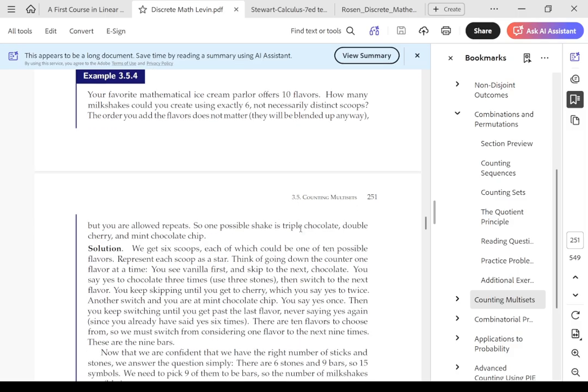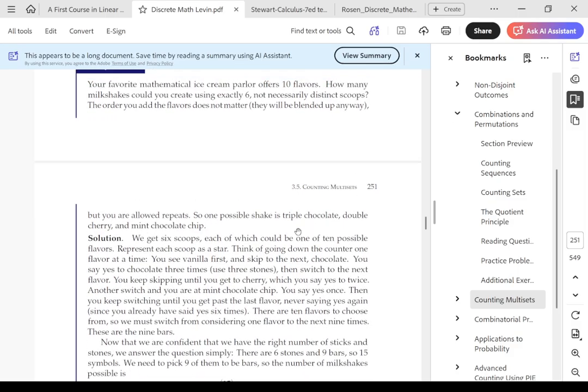All right, now I do just want to point out something in the solution here. Earlier in the reading, he introduces a different methodology, stars and bars. Again, really just two symbols.